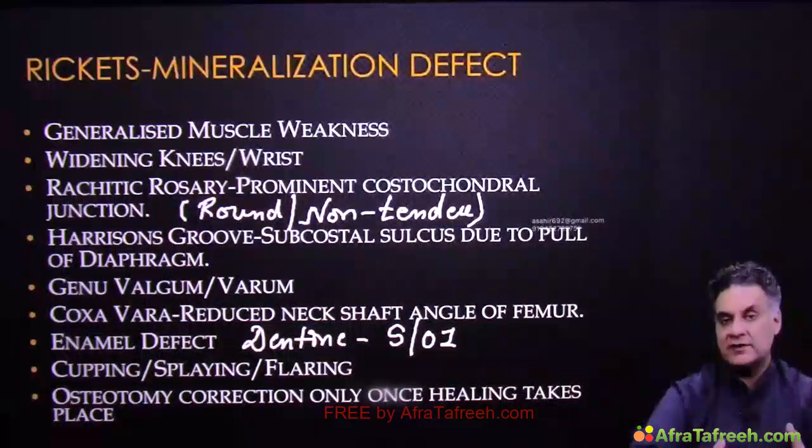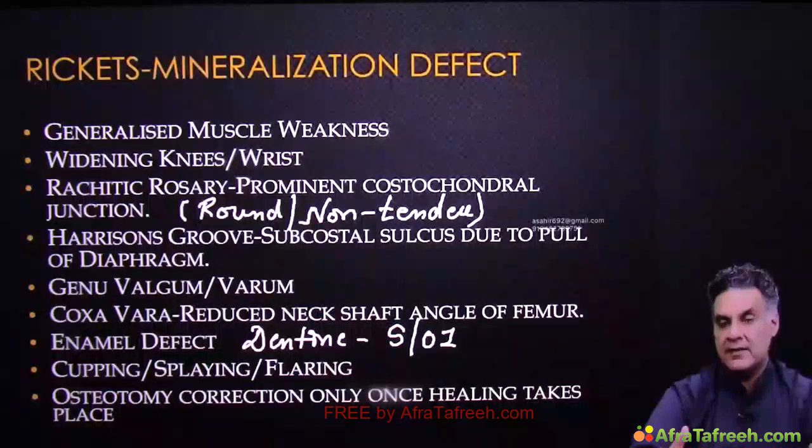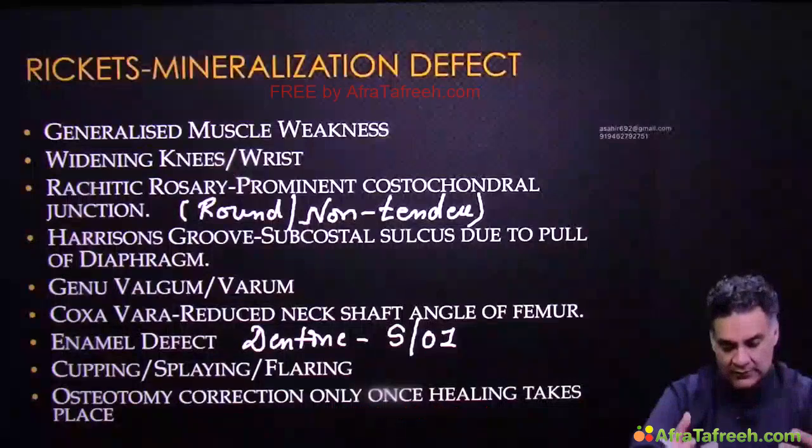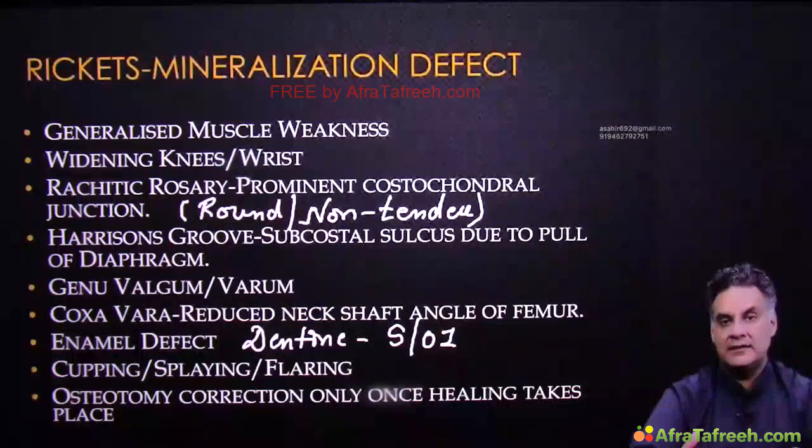That's the earliest feature of rickets. Diaphragmatic pull causing Harrison's groove. Enamel defect. Forward sternum or pigeon chest. Growth plate widening. These are the points you will classically see in rickets. Genu valgum and varum.